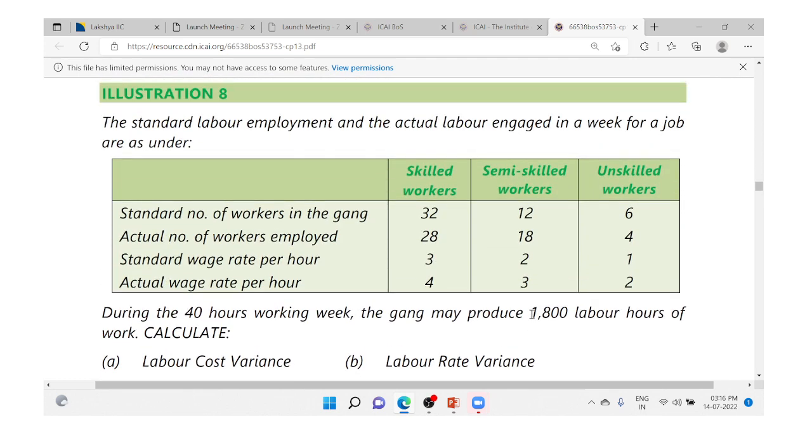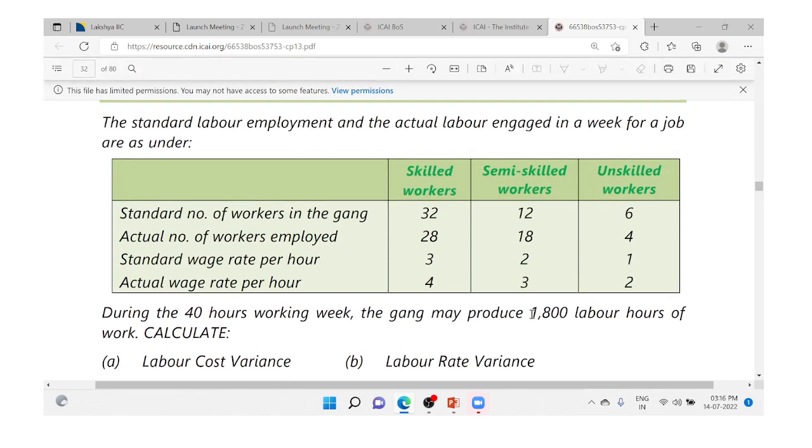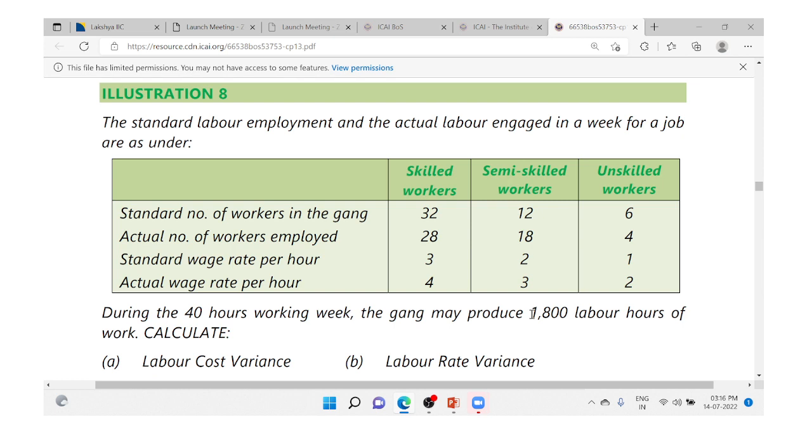Just find out the SH, the standard hours. 1280. Ahan has got some answer.